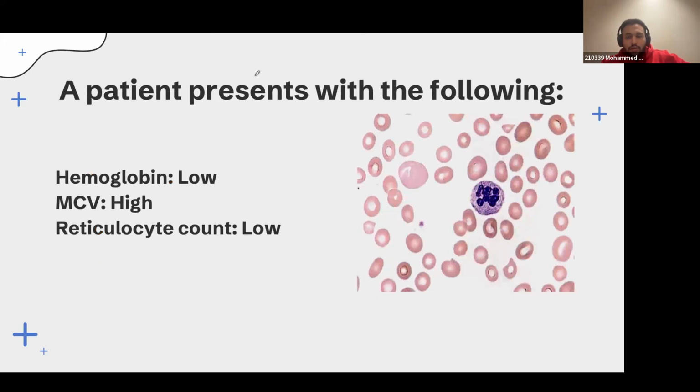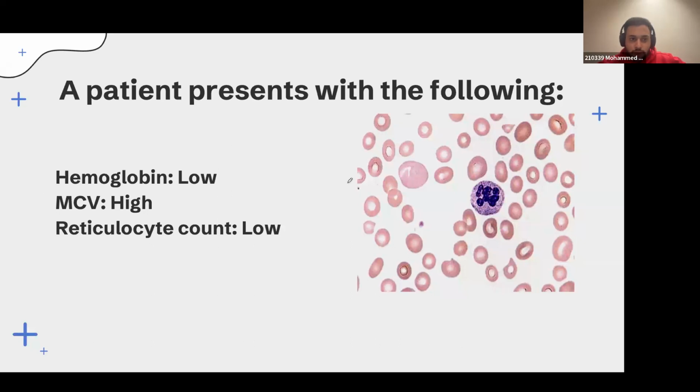A patient presents with the following. Hemoglobin is low, MCV is high, reticulocyte is low. What are you thinking of? And you can see this peripheral blood smear. Perfect. Megaloblastic anemia.